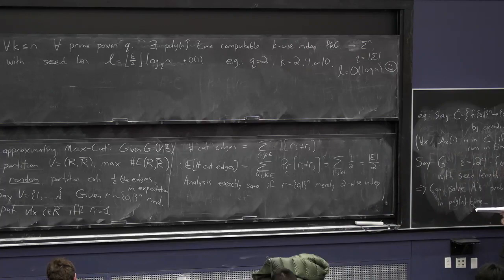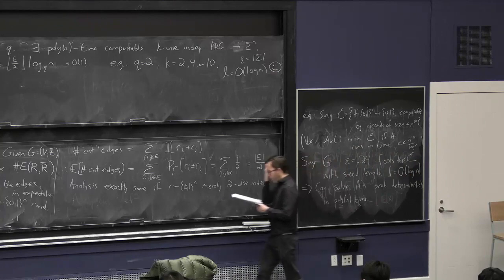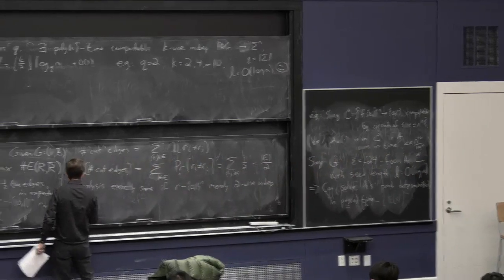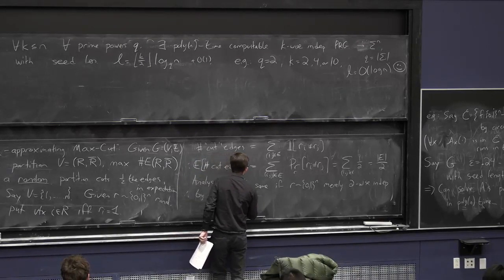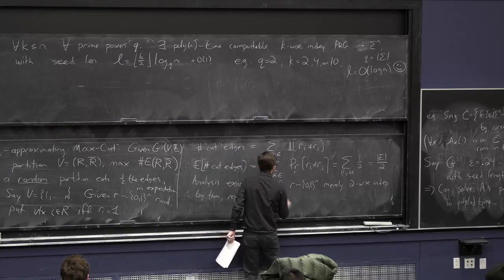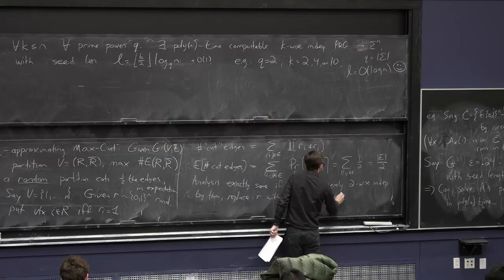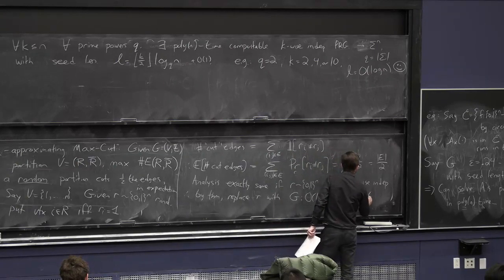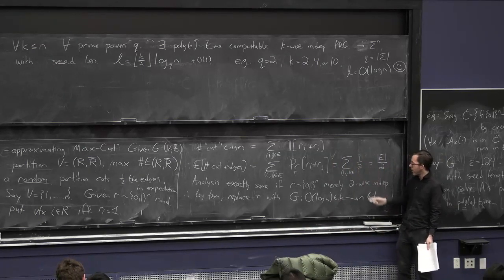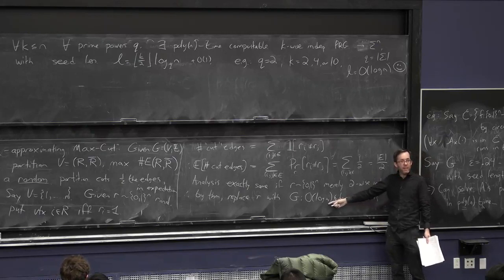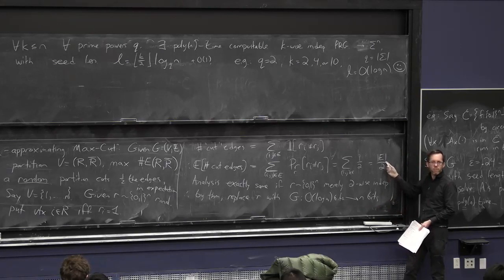Now this theorem assures us that we can take k to be 2 and q to be 2, and by the theorem, we can replace random R with this pseudorandom generator G that takes order log n bits to n bits. The expected value of the number of cut edges when you use a random seed in the generator, and this output string, is still the number of edges over 2.